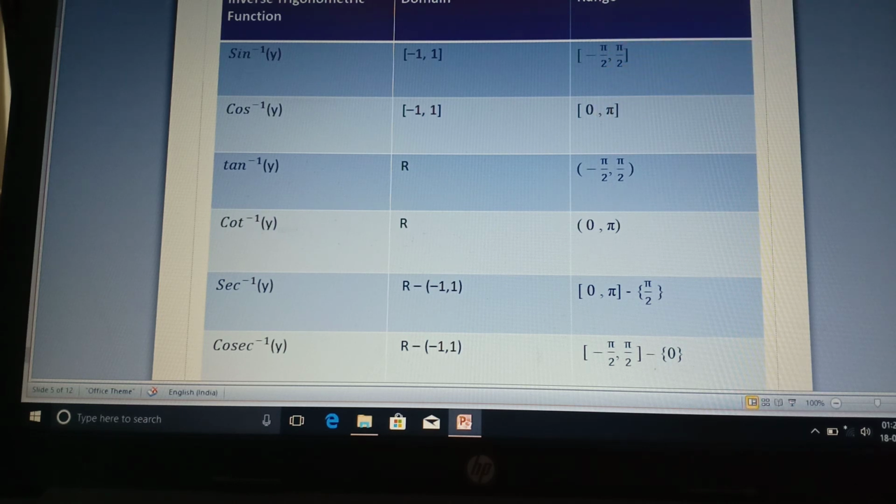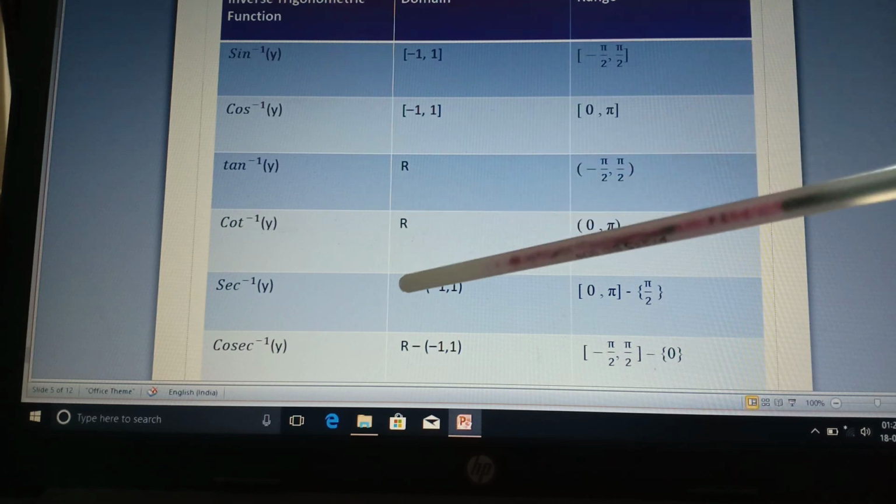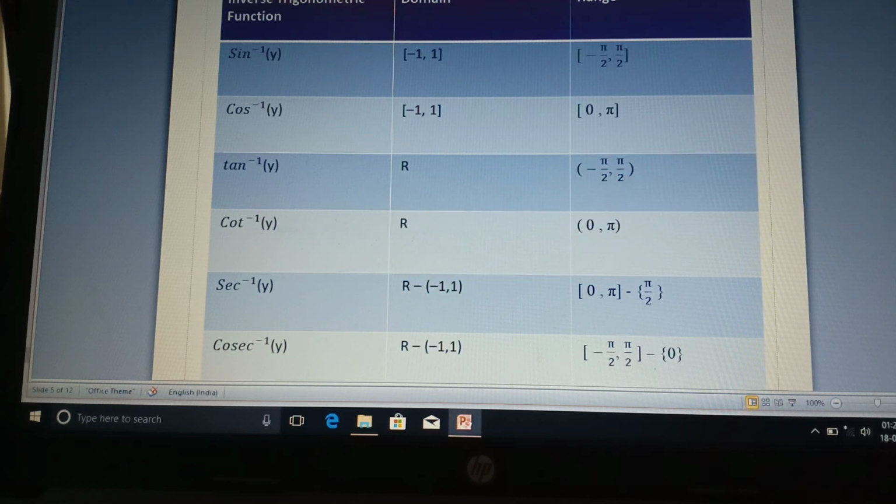Tan inverse: domain is R and range is minus pi by 2 to pi by 2. Cot inverse: domain is R and range is open interval 0 to pi. Sec inverse: domain is R minus the open interval minus 1 to 1 and range is closed interval 0 to pi minus pi by 2.